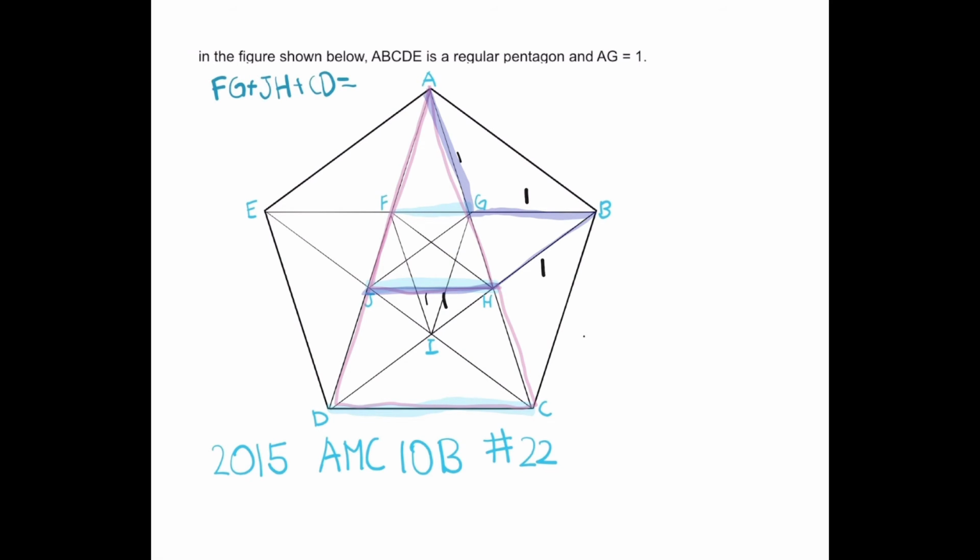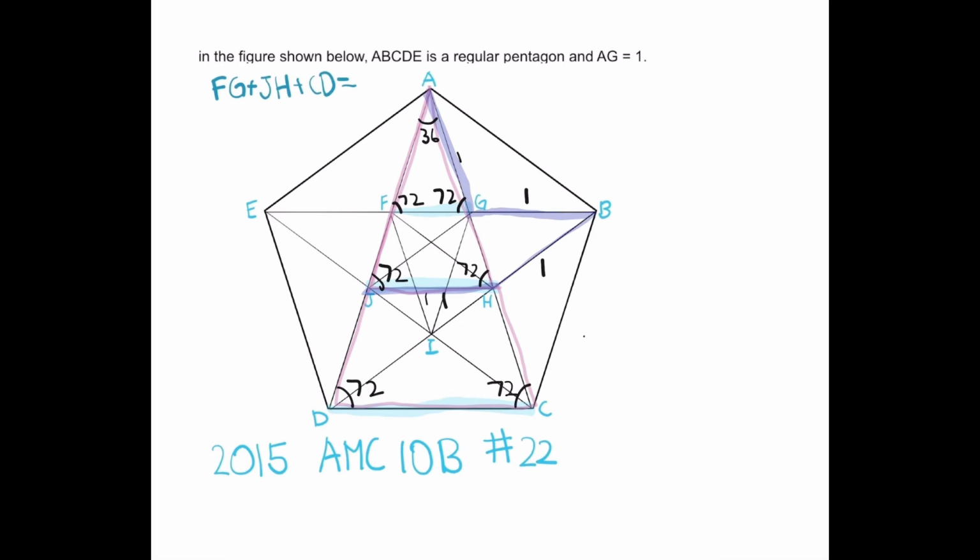So AG equals 1, so does GB, BH, and JH, they're all congruent. I highlighted legs FG, JH, and DC because that's what we're solving for. So triangle AFG is a 36, 72, 72 triangle. So is triangle AJH because it's similar, and also triangle ADC. The thing about these triangles is that the leg to its base is in a golden ratio.